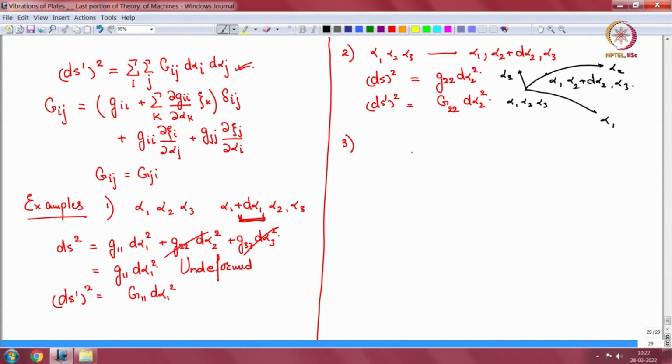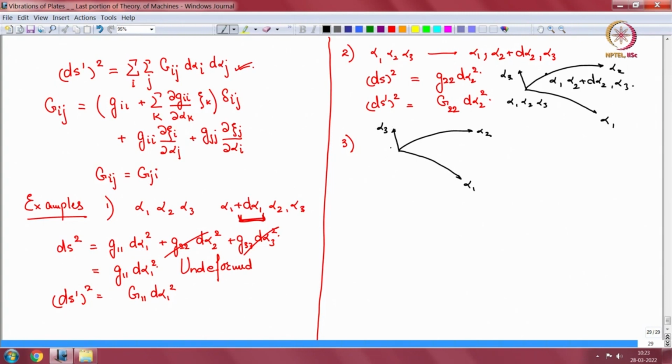The next example is this: this is alpha 1, this is alpha 2, alpha 3.